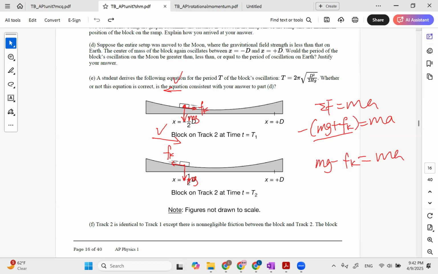So the component of the gravity along the track is in the opposite direction to friction and is subtracted. That's why it's smaller. You good? Does it make sense? You done? Done, right?